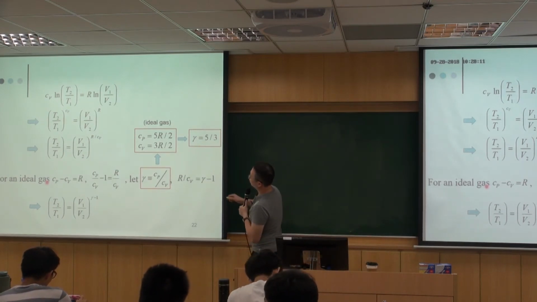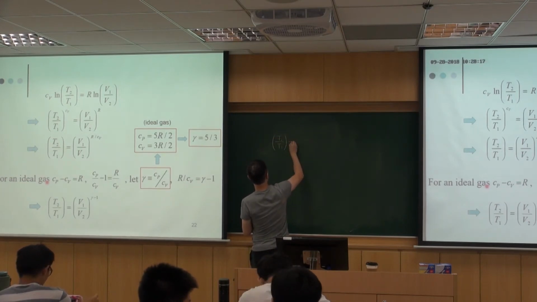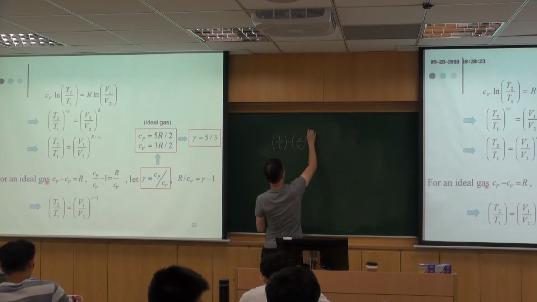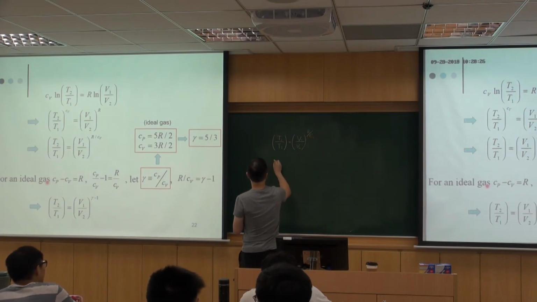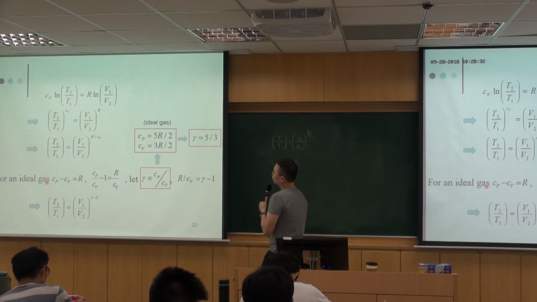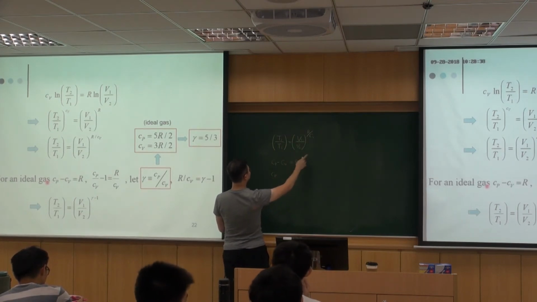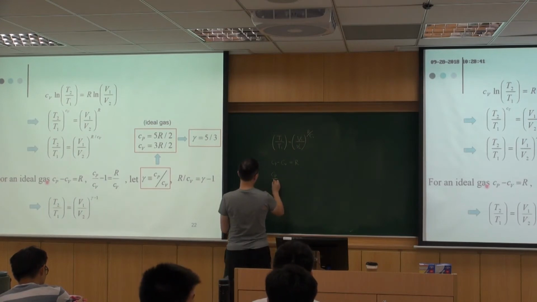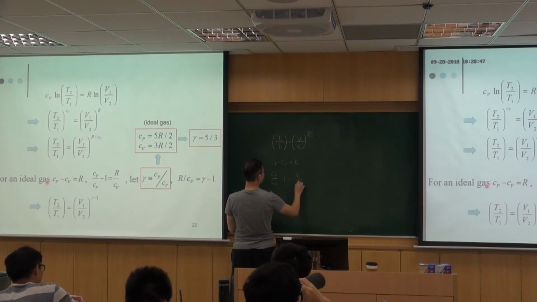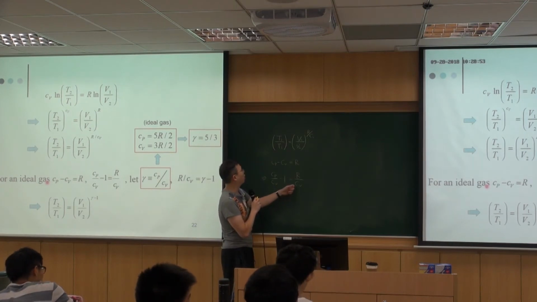So now we have T2 as R over CV. And we already know that CP minus CV is R. But we have R over CV there, so we want to have R over CV.